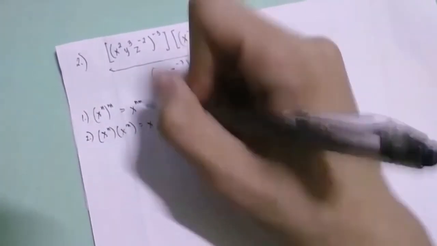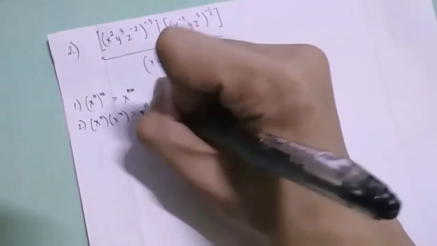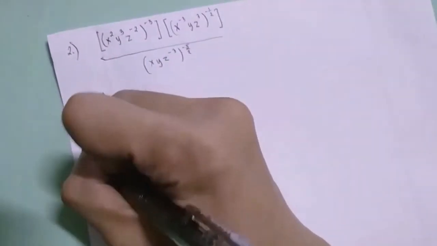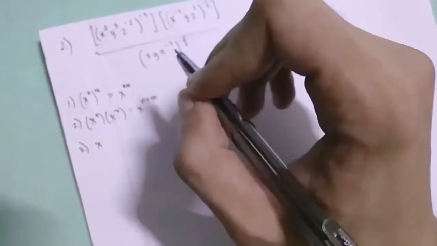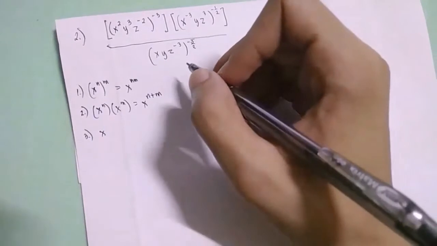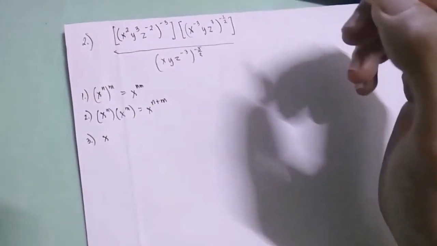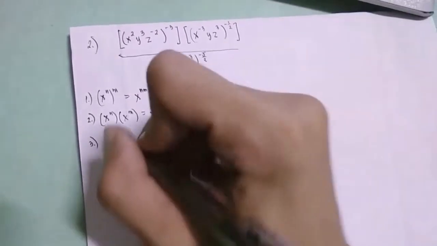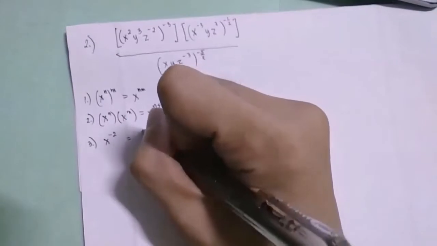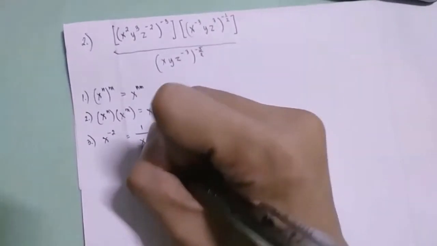The outcome will become x raised to n plus m. And another one, the reciprocal. We use the reciprocal law of exponents when the term has a negative exponent, so that we can come up to a positive exponent. For example, x raised to negative 2, the reciprocal of that is 1 over x squared.